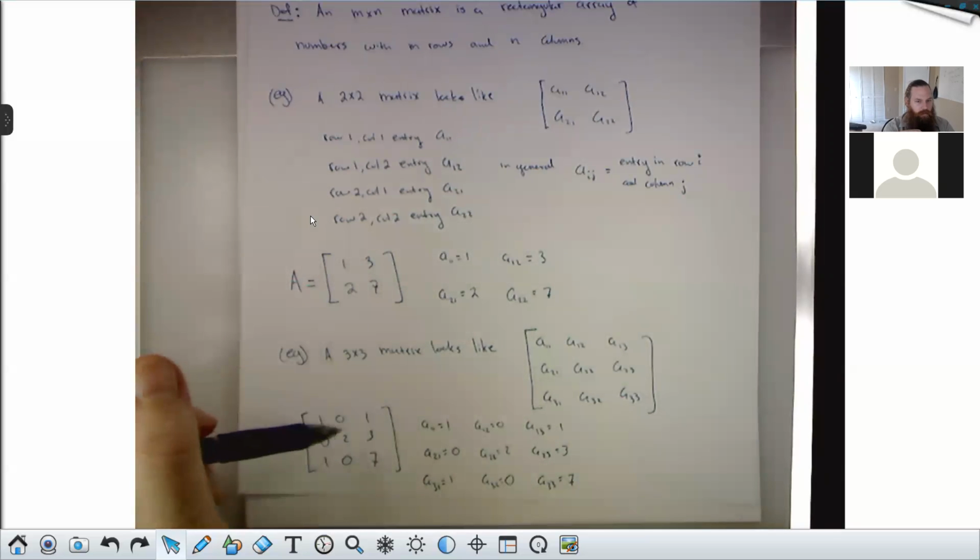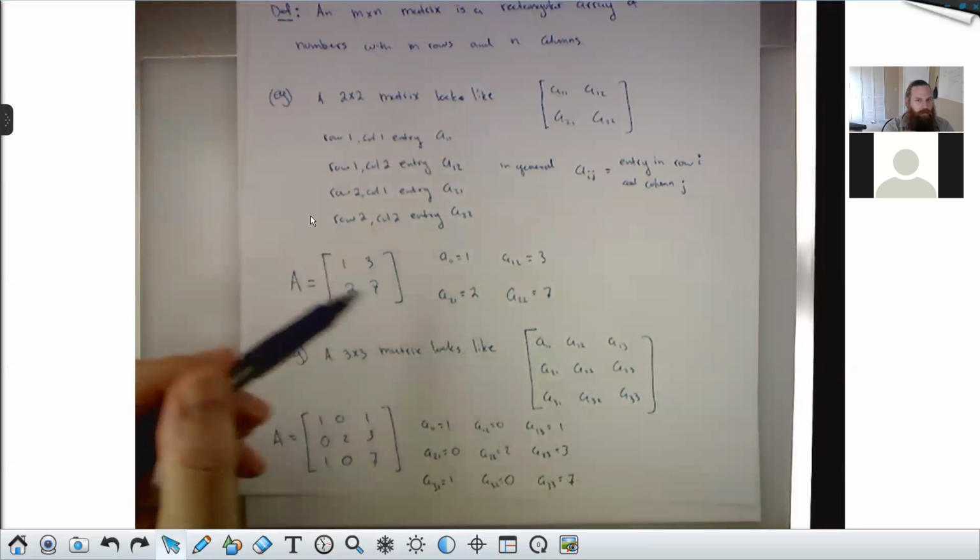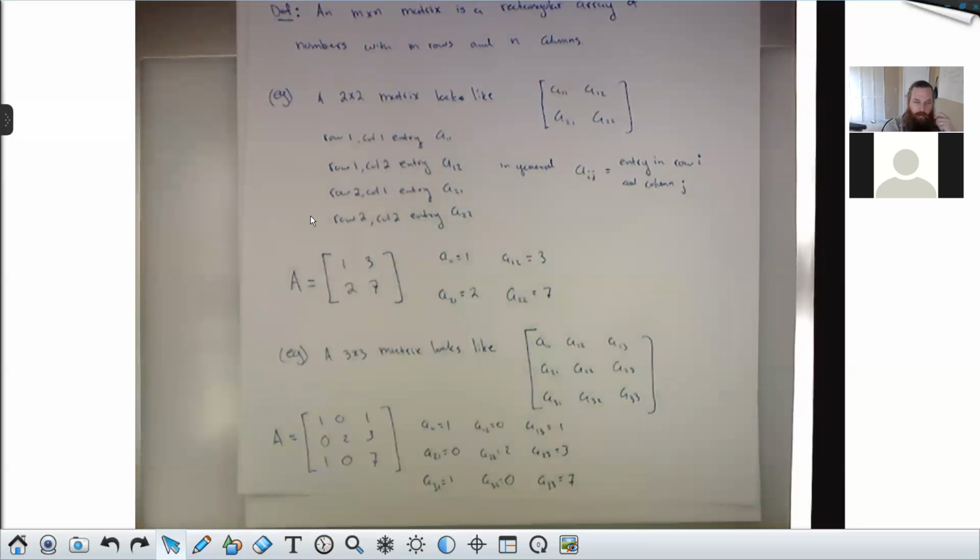This is a 3 by 3 matrix. This is a 2 by 2 matrix. And you can build a matrix of any size. It could be a 7 by 12 or a 2 by 5 or a 1 by 3. All of those are possible, but square matrices are the ones that we like to mess with most of the time, because those are the ones that correlate with systems which have unique solutions, or at least can have unique solutions.